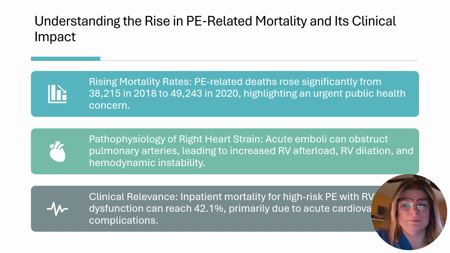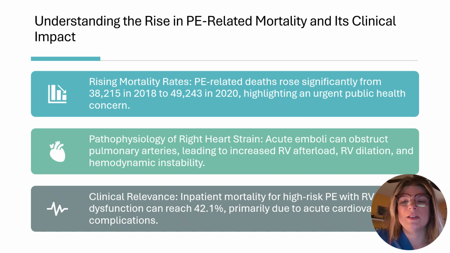Pulmonary embolism has emerged as a growing concern in healthcare, particularly due to its increasing mortality rates. Between 2018 and 2020, the number of PE-related deaths in the United States surged by over 11,000, reflecting not only greater disease prevalence, but also systemic care gaps.